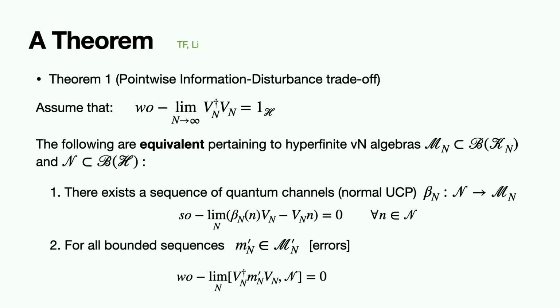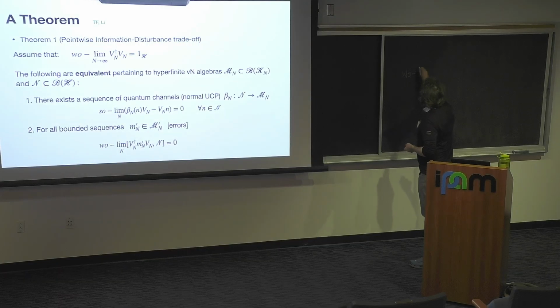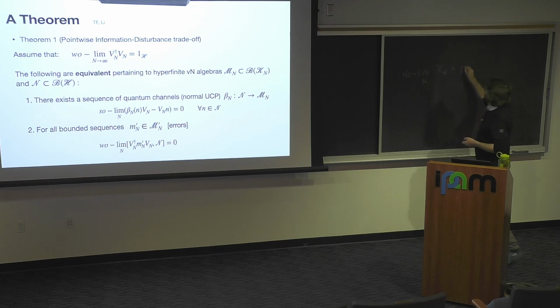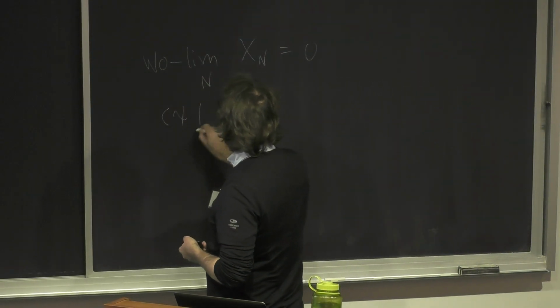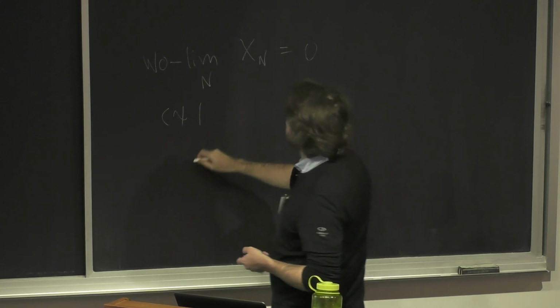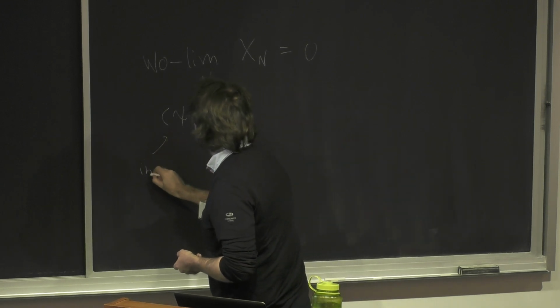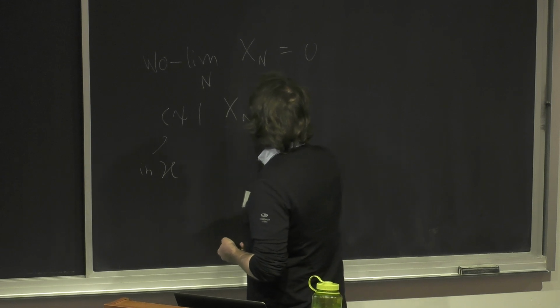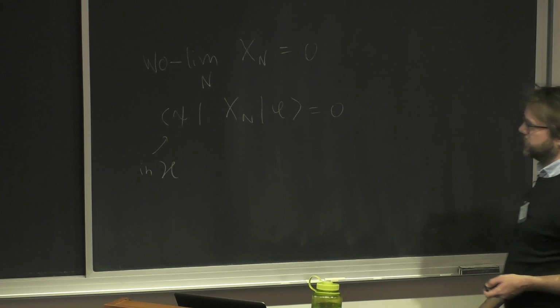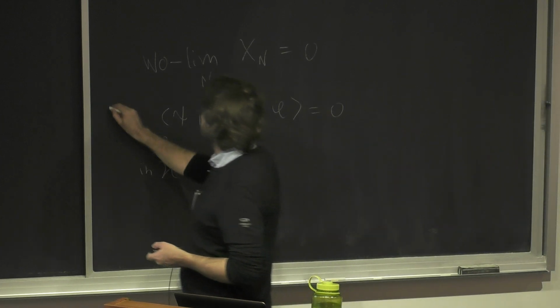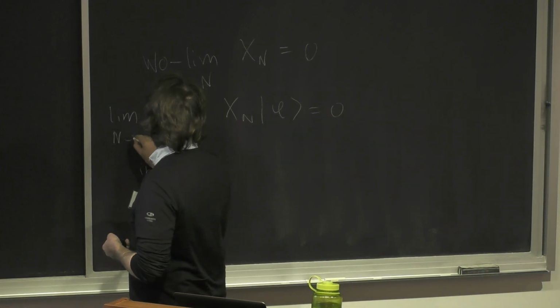Now let me tell you what these limits are. The weak operator limit of some sequence of operators x_n going to 0 just means that if I take fixed states in the Hilbert space H, and I compute the matrix elements, then the matrix elements limit to 0.